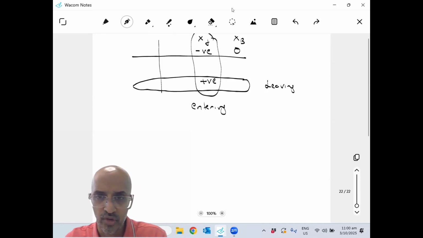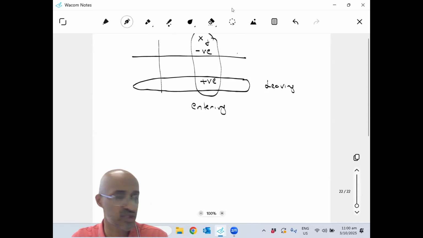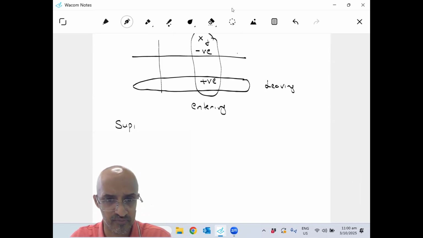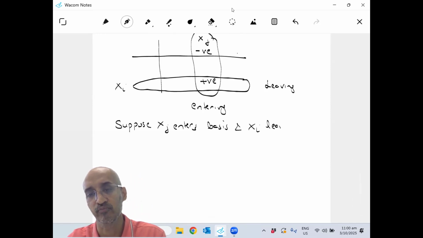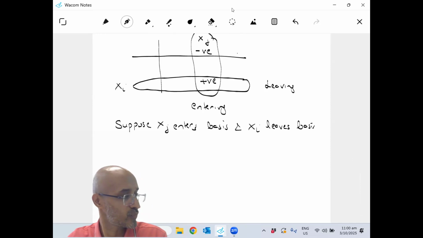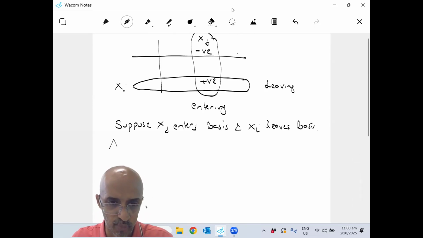Now suppose xj enters and let's say xi leaves the basis. Xj enters the basis and xi leaves the basis. So after the row operations, what happened to the top row?